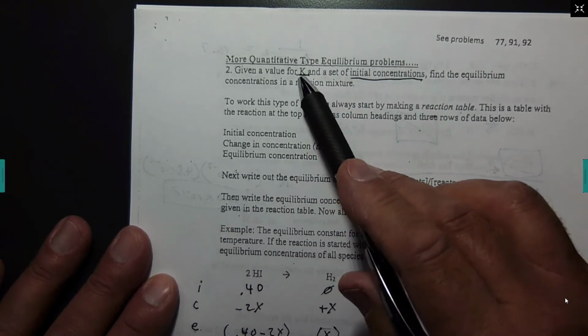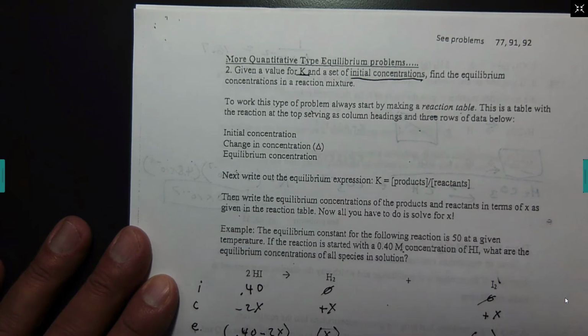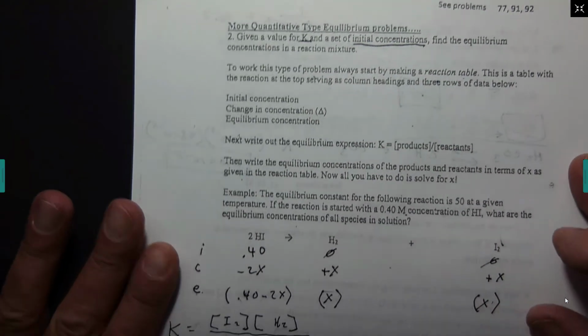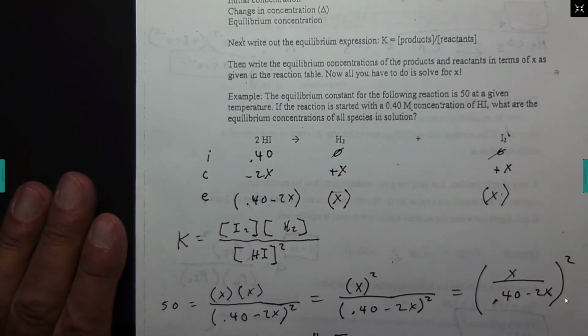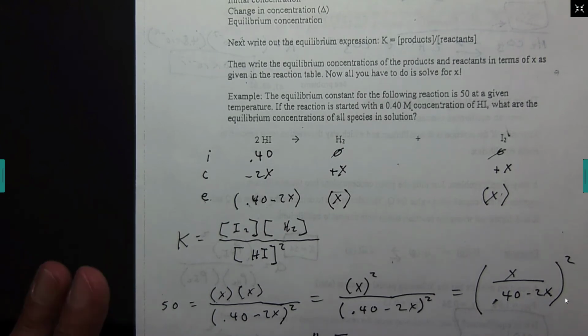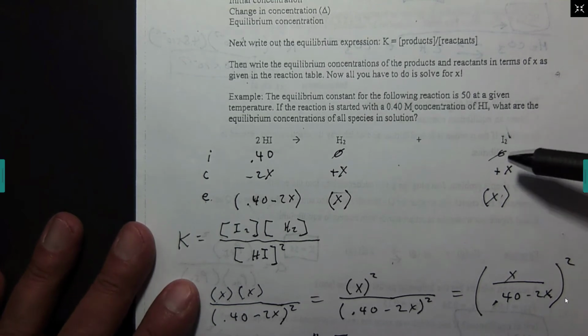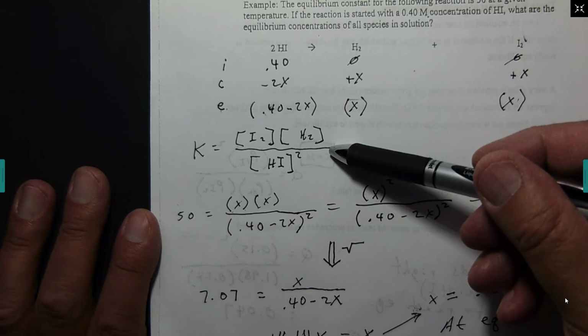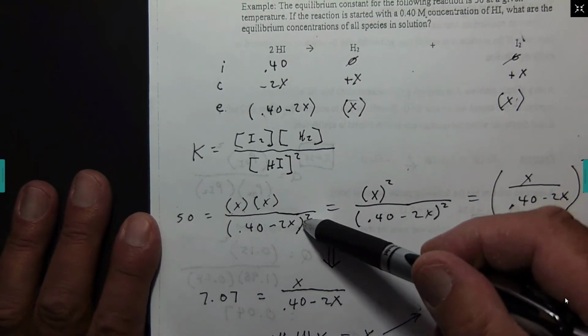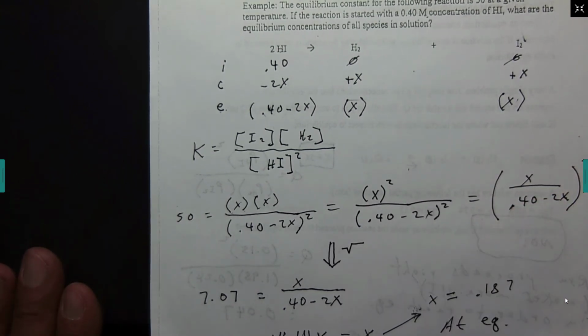You know your value of K, and you want to predict the future. You want to predict what the concentrations are going to be once everything stops reacting and comes to equilibrium. And the way to do it, you make an ice table, you set up your equilibrium expression, you plug everything in, and you solve it for X.